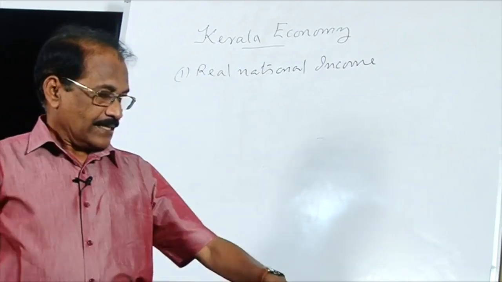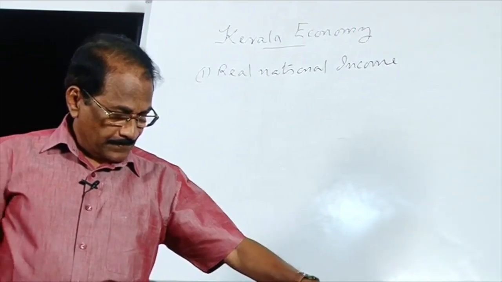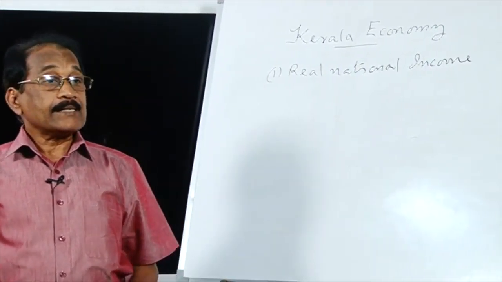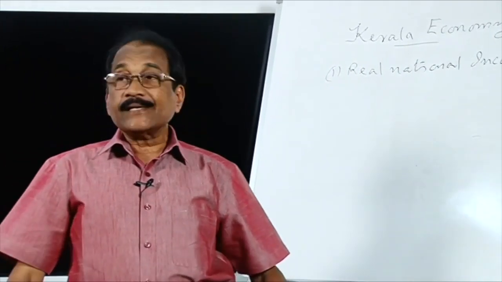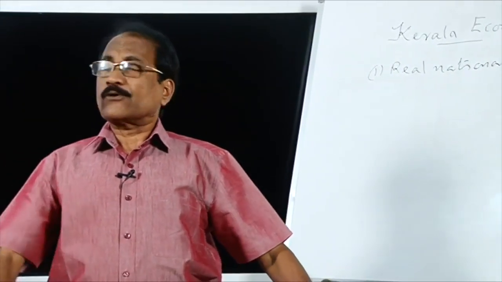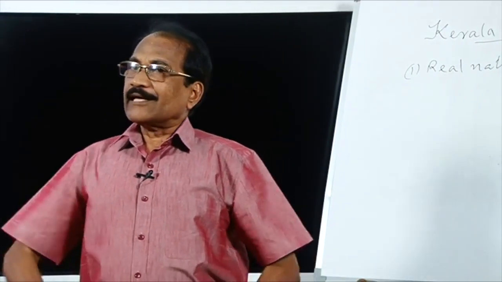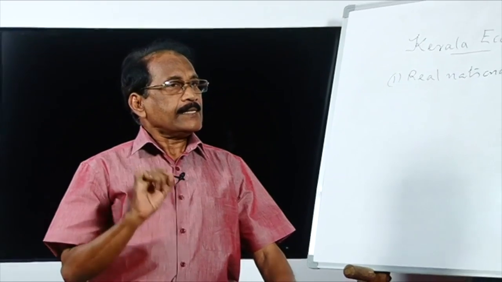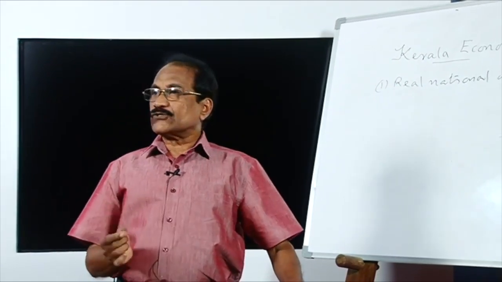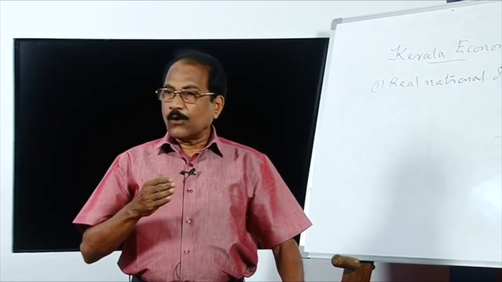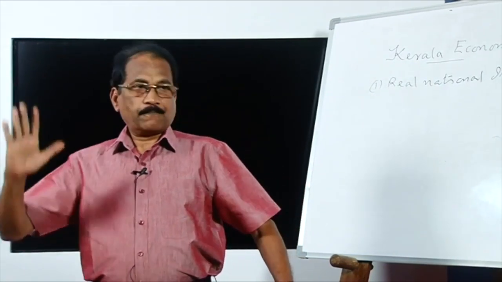Real national income increase is taken as a criterion by the earlier writers to indicate economic growth or economic development, because there was no distinction between growth and development. Therefore, the indicator taken is the real national income of a country increasing over a longer period of time.